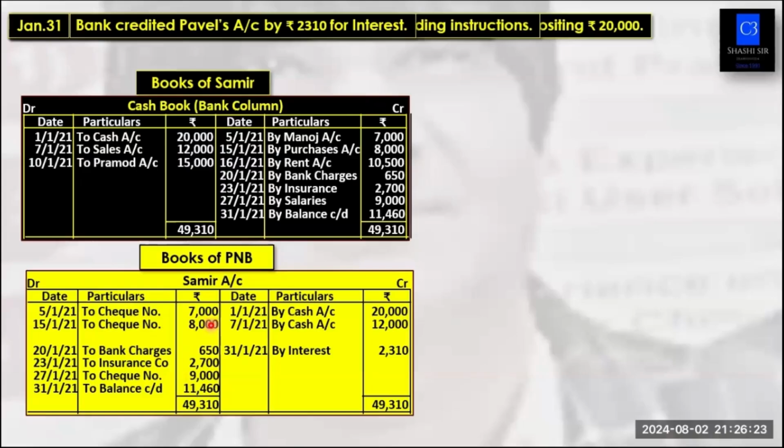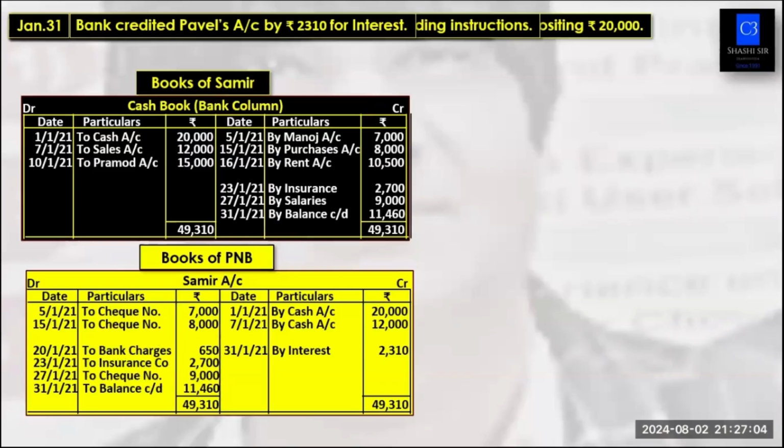It's not possible. So suppose the bank did not inform us about these bank charges, and these bank charges are not appearing in our cash book. Now the situation is there are a few transactions which are present in cash book, and there are some other transactions which are present only in passbook.